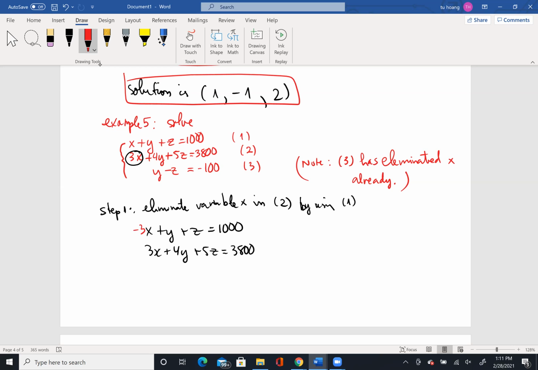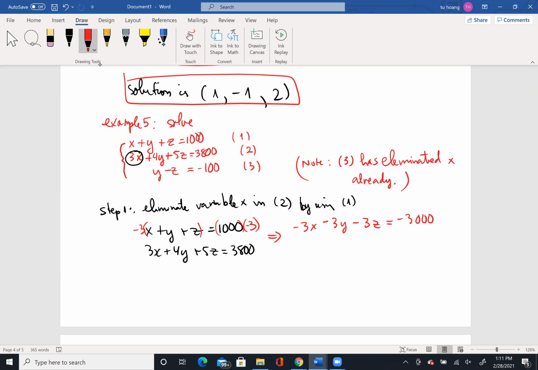Since I need -3, I need to multiply both sides of the first equation by -3. So I have -3x minus 3y minus 3z equal to -3000.